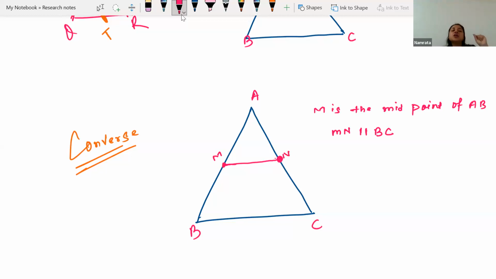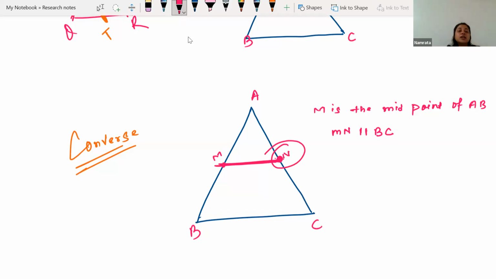If you take one of the sides' midpoint and draw a line parallel to the other side of the triangle, then the endpoint of the line segment MN, N, will be the midpoint of the other side.